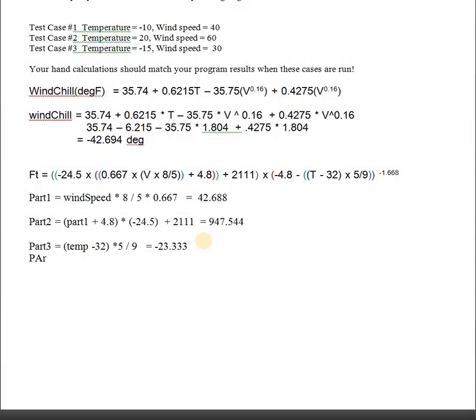Now I'm going to say part 4 is going to be equal to minus 4.8 minus, and then what goes inside there? Part 3. And then, actually this doesn't go here, I'm going to do parentheses around the whole thing. And then I'm going to take it to the minus 1.668 power.